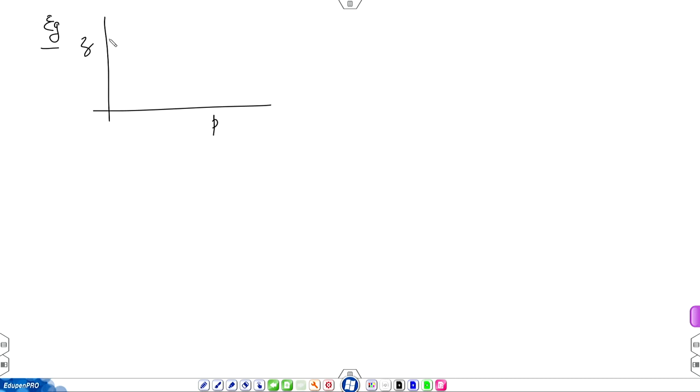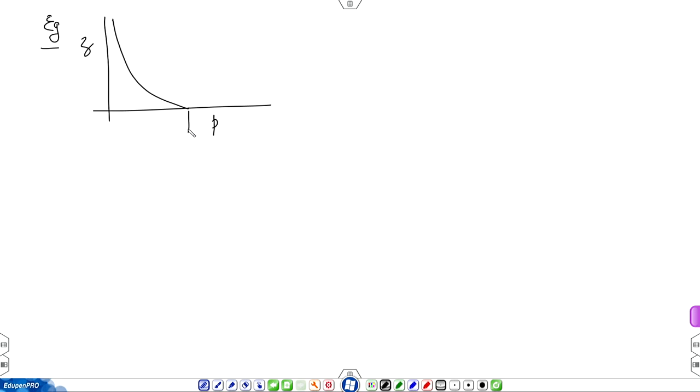Decreases, and if you make some approximations like constant temperature, it is an exponential variation, exponentially decreasing. Now, how much is the value of P at z equal to 0?